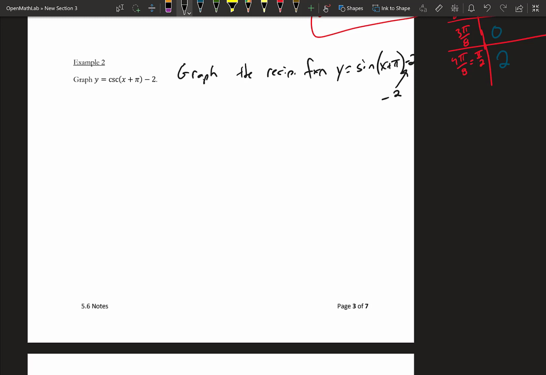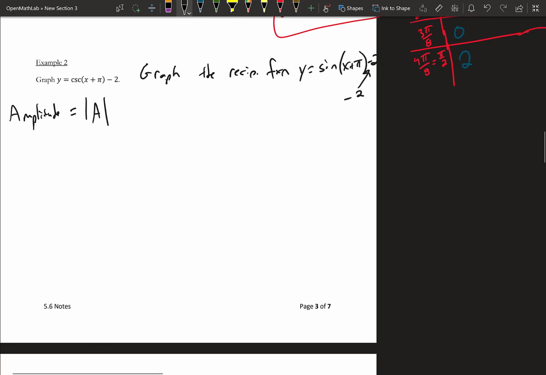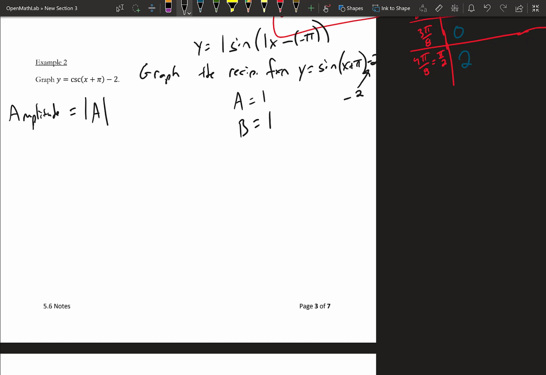So looking at some things from this, we can look at the amplitude. Remember, the amplitude is the absolute value of A, right? So if we want to identify the pieces here, A is 1, B would be 1 as well, because this would be y equals 1 sine of 1x minus negative pi, minus 2.